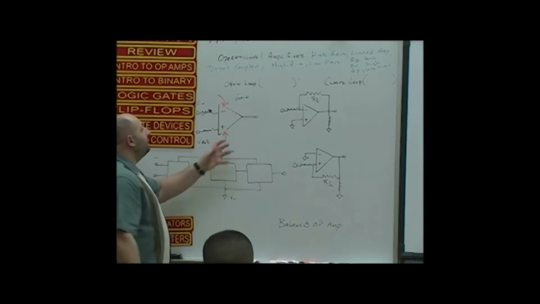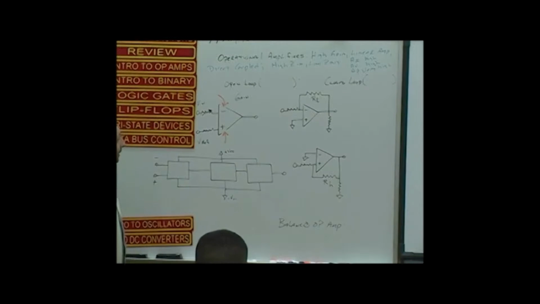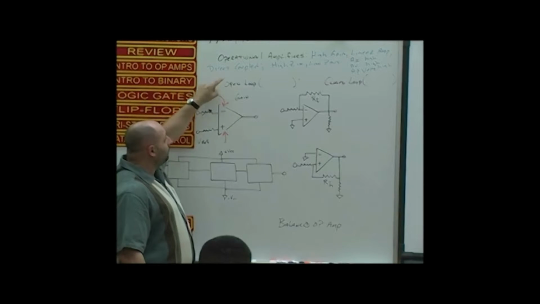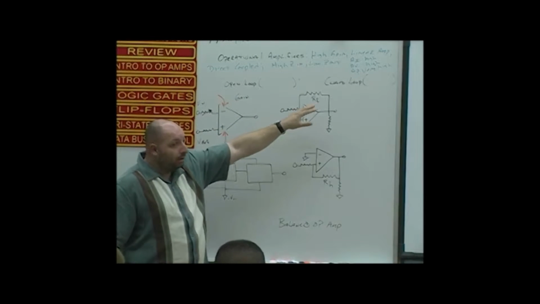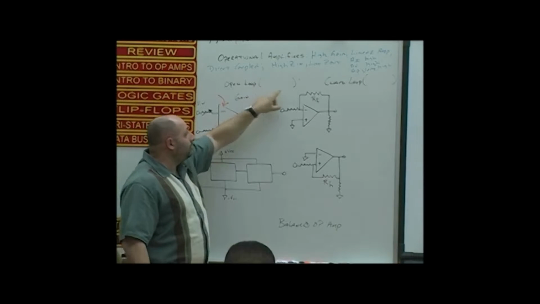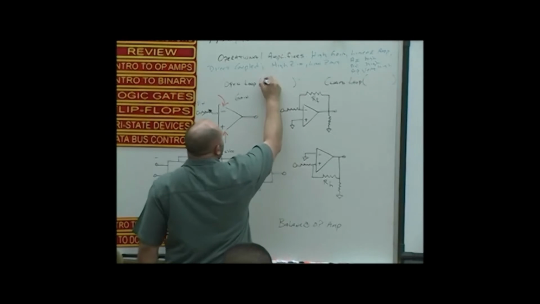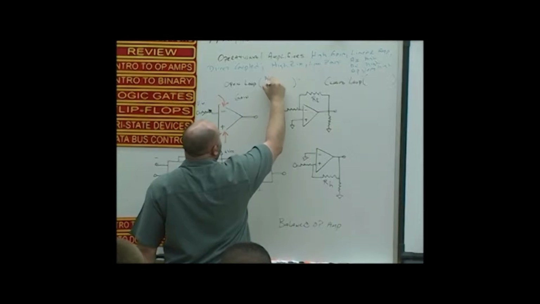And there are many different configurations you can place this thing in. Primarily, you can have what's called an open loop or a closed loop. Open loop means what? No feedback.